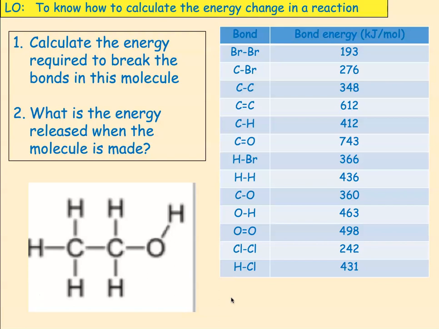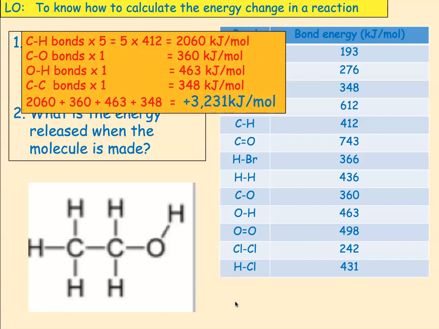Okay, right. So in order to calculate the energy required to break the bonds, we need to count them all up. We've got 5 CH bonds, so it's 5 times 412. We've got 1 CO bond, so we're going to add on 360. We've got 1 OH bond, so we add on 463.